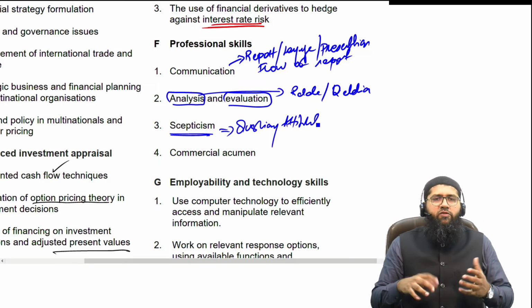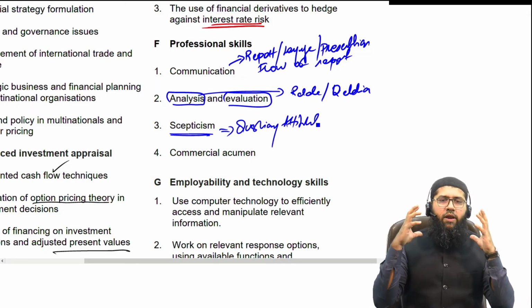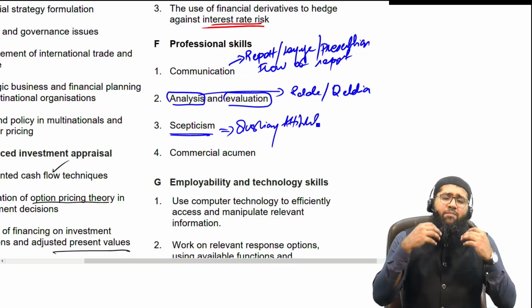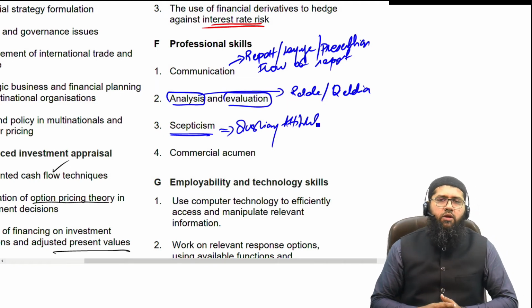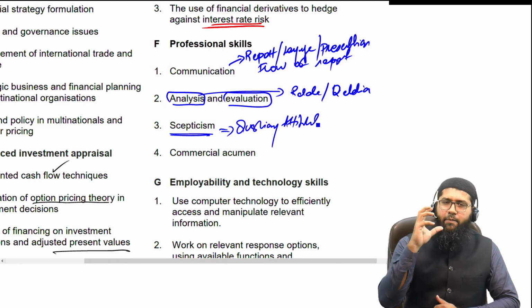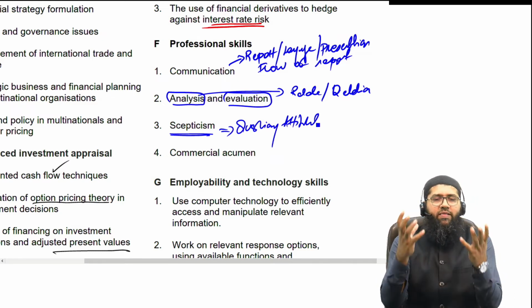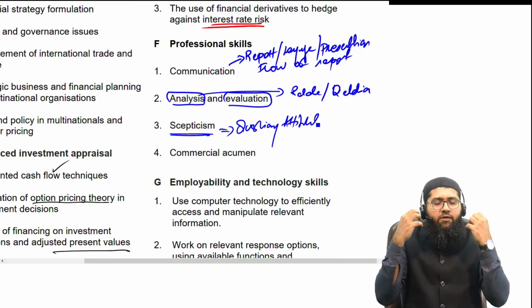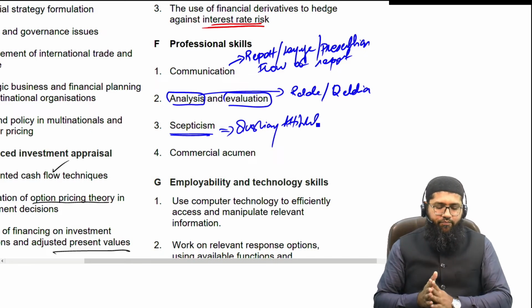How could it be possible that the inflation would remain constant? How could it be possible that your gearing would not change as the business progresses? It's not a valid assumption. So skepticism is maintaining a skeptical attitude, a questioning attitude, where you question the assumptions, where you question the data, where you question the information, where you raise doubts. That's called having the skill of skepticism.